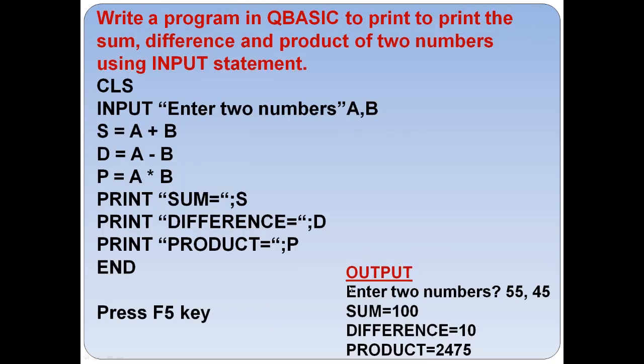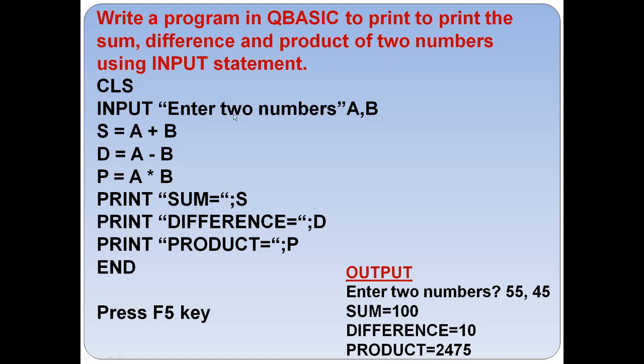Now the next program by the input statement. Write a program in QBasic to print the sum, difference and product of two numbers using the input statement. In the same way, CLS, input "enter two numbers", because we are finding the sum, difference and product of two numbers.